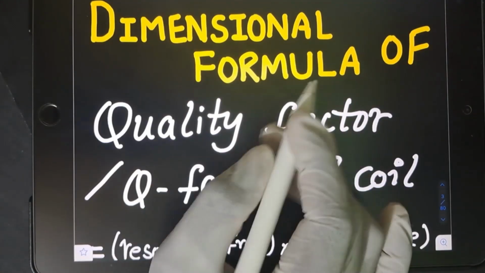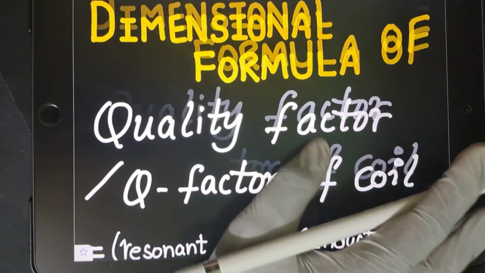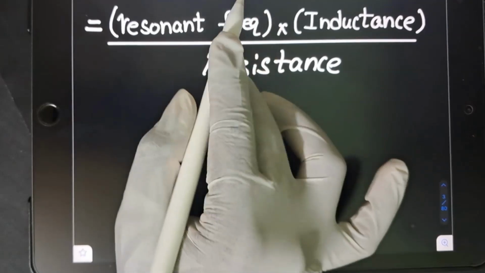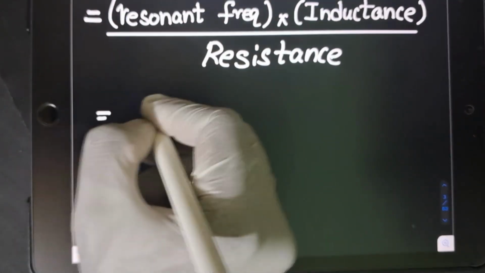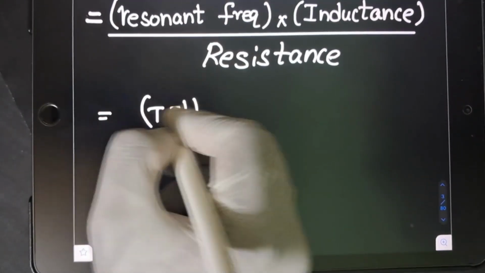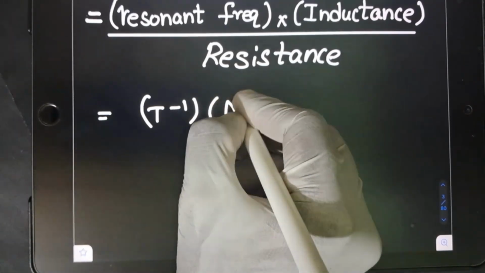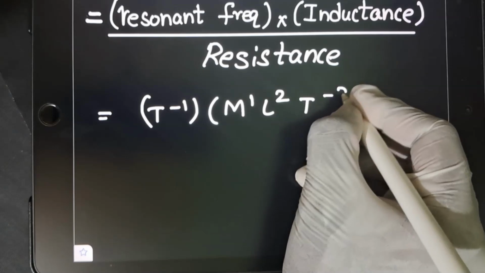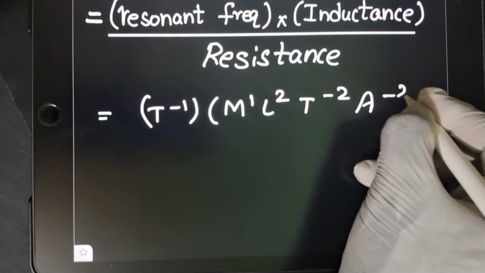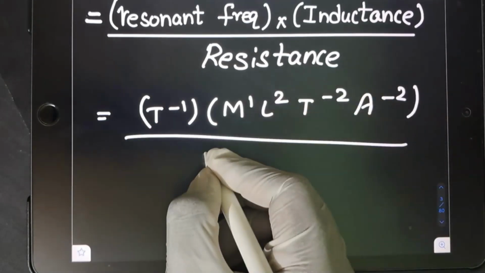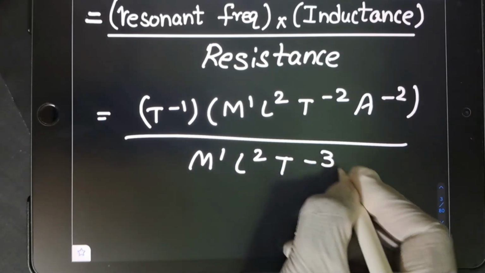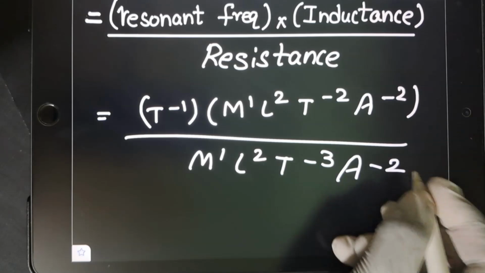To find dimensional formula of quality factor of the coil: resonant frequency into inductance by resistance. The resonant frequency dimensional formula is T power minus 1. Inductance is M power 1, L power 2, T power minus 2 and A power minus 2, by resistance M power 1, L power 2, T power minus 3, A power minus 2.